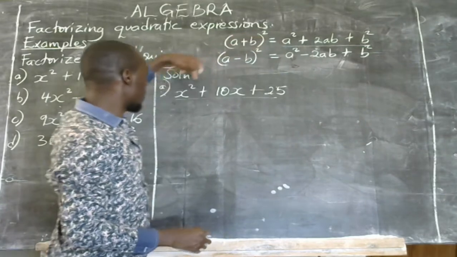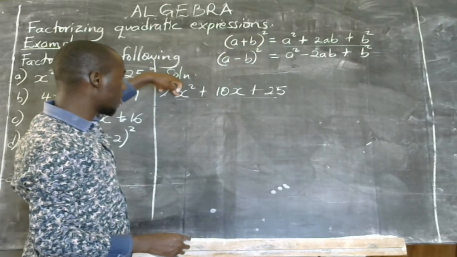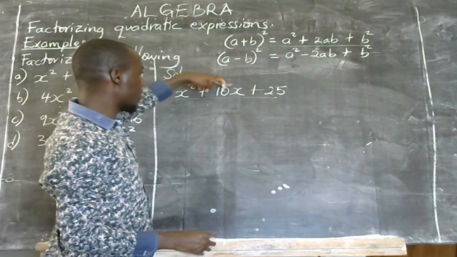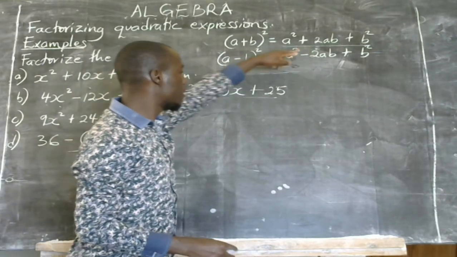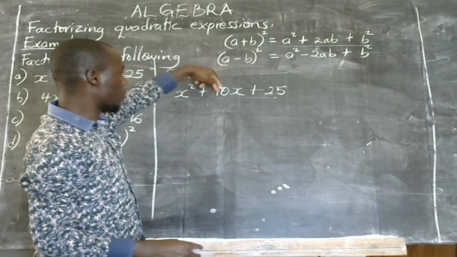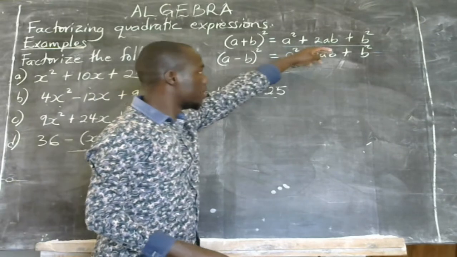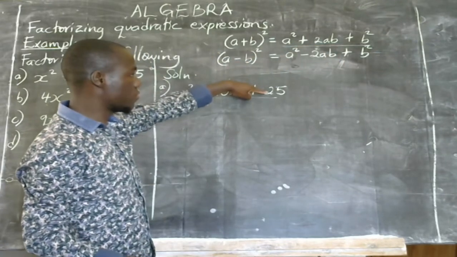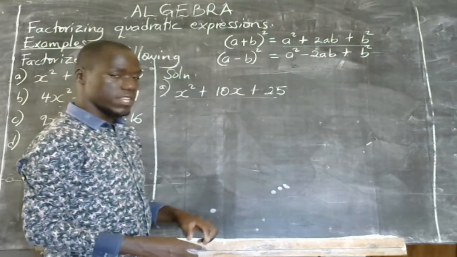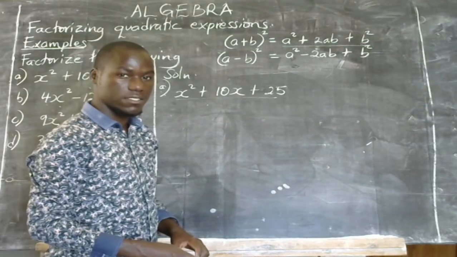When you look at the a, there is my x. Then in this 10, there is a 2 embedded there. So when you divide, you'll have a 5. Or the b squared there is equal to the 25 here, so that means that b alone is just 5.